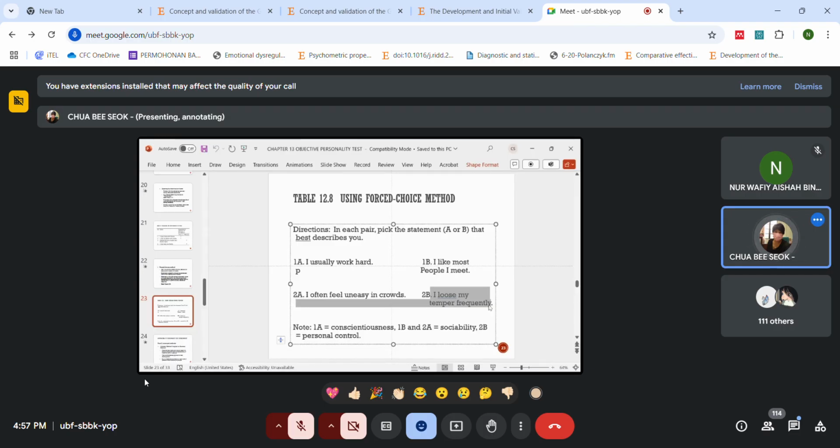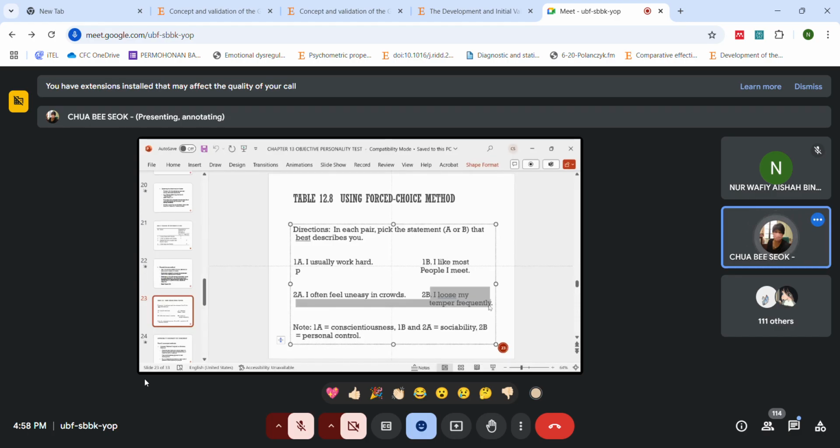So when they put it together, the respondent is forced to choose either one. This is called the forced choice format, or ipsative format.